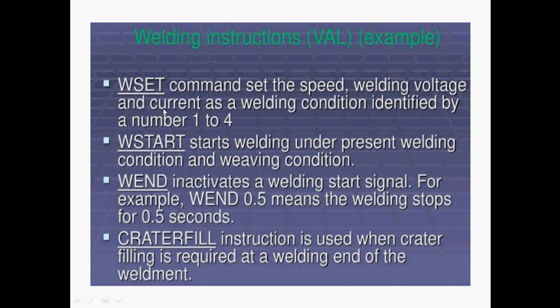These are useful for the different welding programs, and this is the important one. So firstly we discussed W set, then W start, then W end, and then we discussed character fill. So these are the four commands which are useful for the different welding operations.